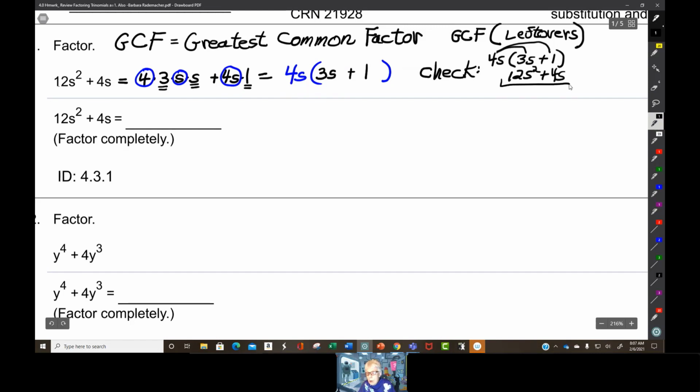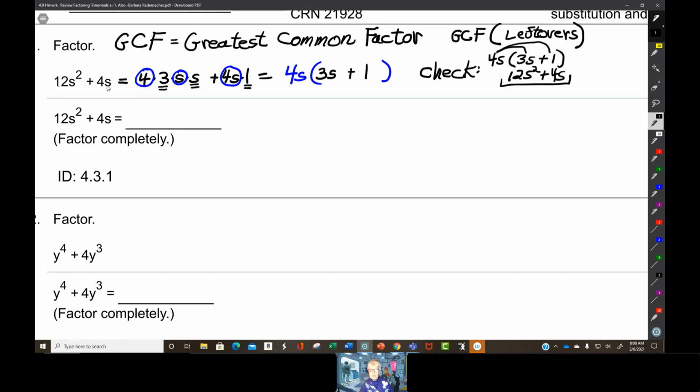Now, if I get what I started with, which is 12s squared plus 4s, then I factored correctly. What you do when you factor is you ask yourself, what was multiplied together so that I got this answer? This is the answer, and you have to go back to the original multiplication, or the original distribution, that gave you that answer. That's what factoring by GCF is.